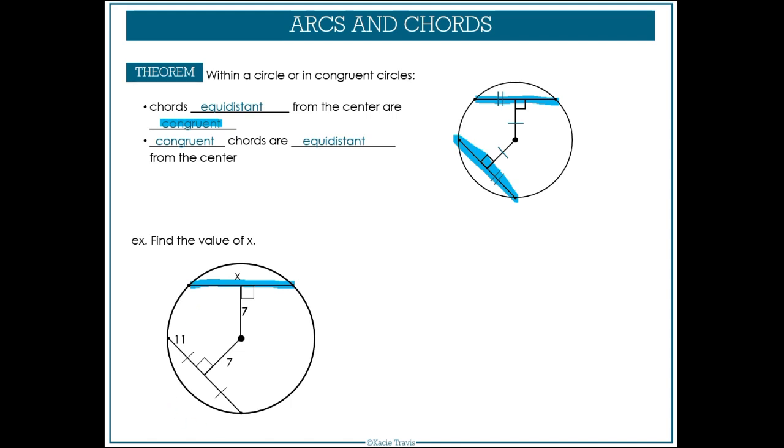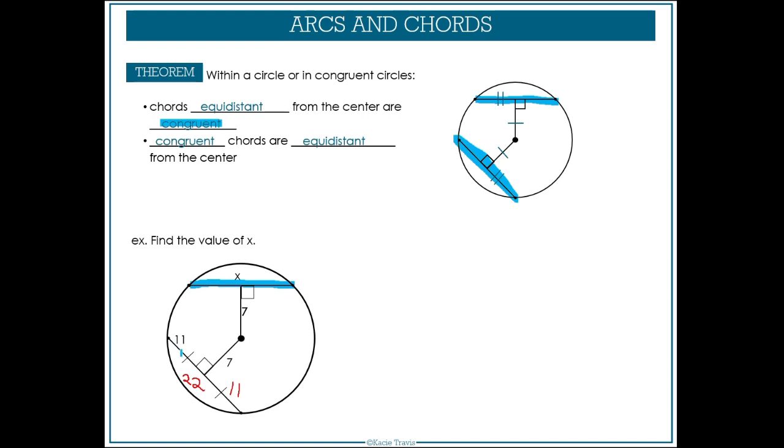So let's mark up some more things. These two sides here are both marked the same. So if this is 11, that's also 11. If these both are 11, what are they together? They are 22.